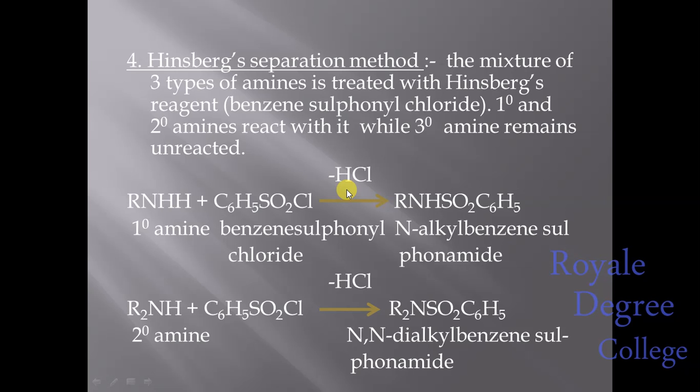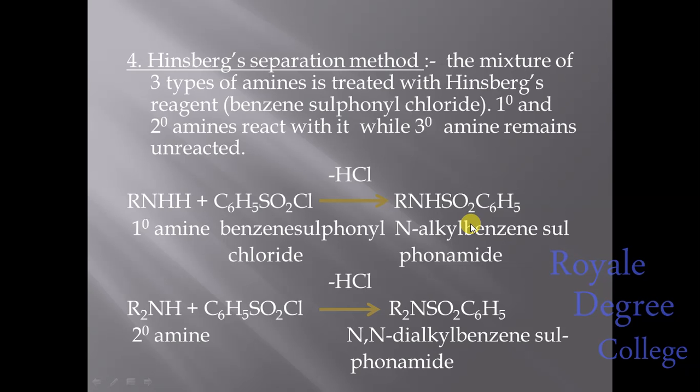And the rest of the things are as it is. So here, what product will we get? R and NH. Okay. Then this one, C6H5SO2, remains here. Now it is turning and attaching as SO2C6H5. So we are getting the product which is named N-alkyl benzene sulfonamide.